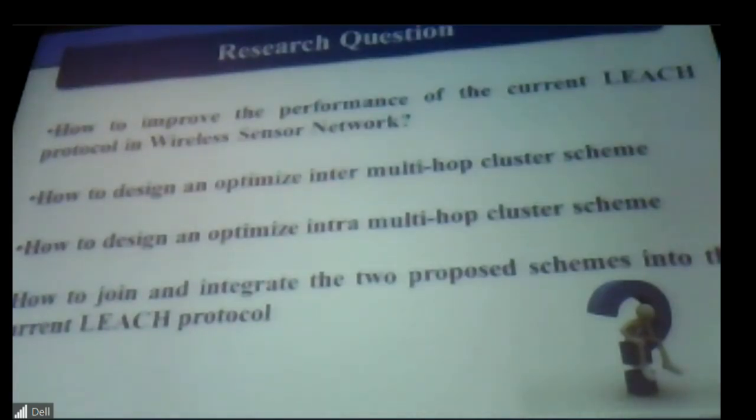The second is to design the intra-cluster multi-hop scheme. I mean, we have to redesign the communication between the cluster head and the base station, and also from the node to the cluster head. After that, we want to integrate the two proposed schemes with the current LEACH protocol.